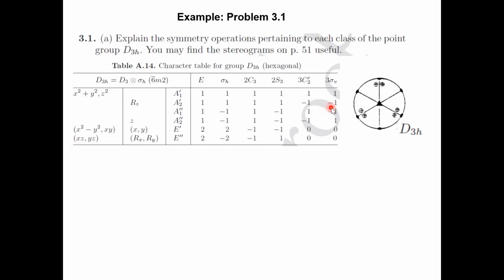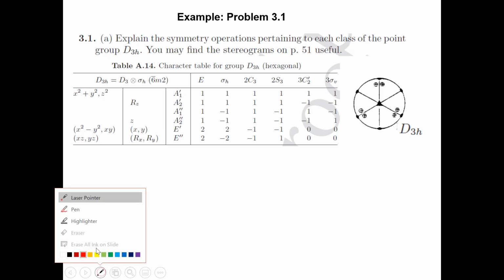Okay, so now that we understand a bit about character tables and about the notation of symmetries in the Schonflies notation, let me work out an example. Let's do problem 3.1 of the textbook.